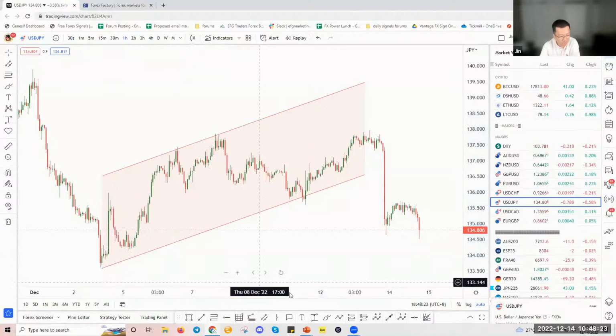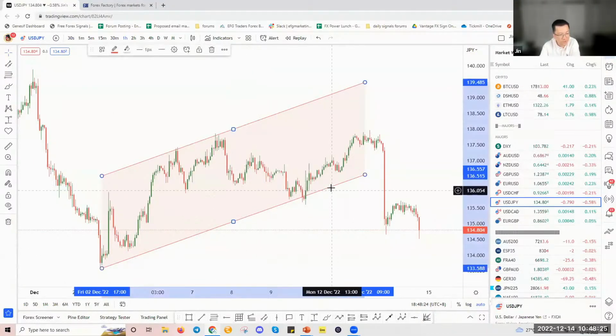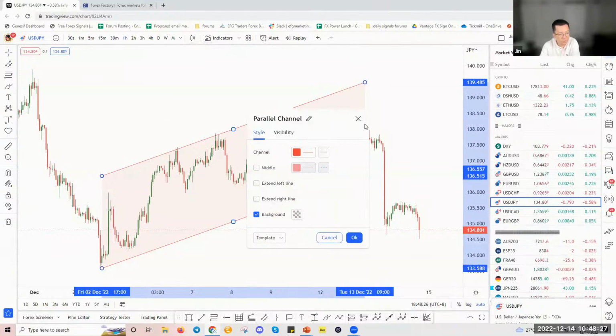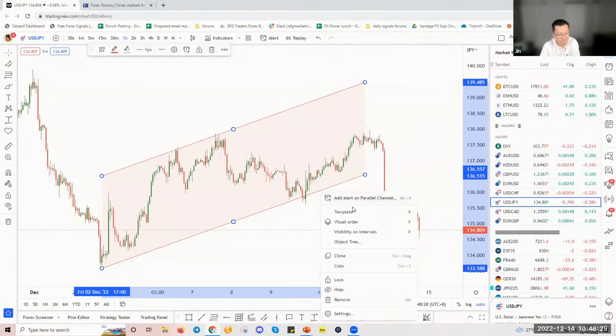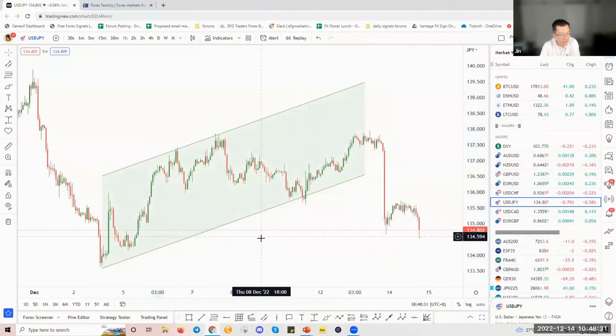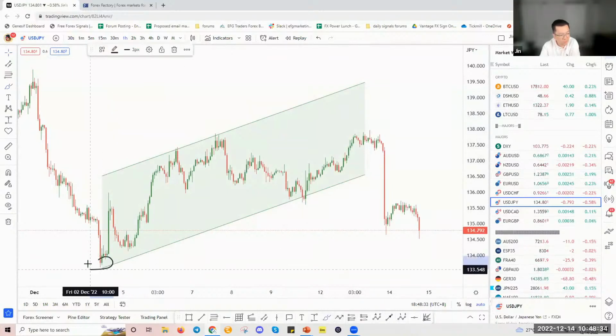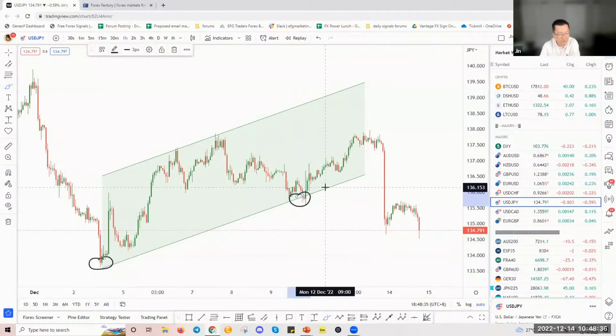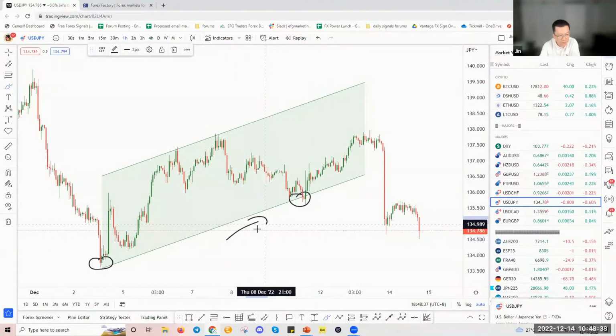Let me just change this a little bit for you guys. Right, we can see that there was a low here, and then it's from a higher low. It's been pushing towards the upside.